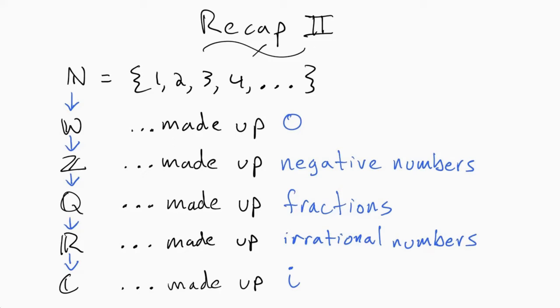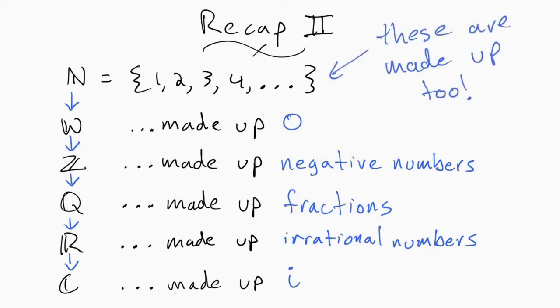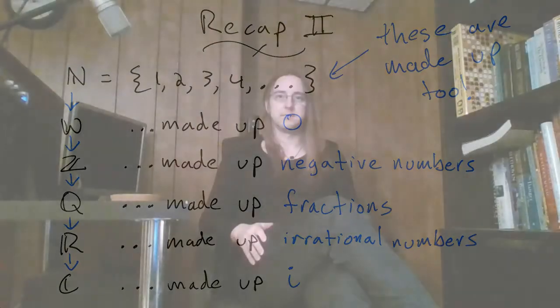And lest we forget that this entire structure we've been building is actually just a castle in the sky, I would remind you that we made up these numbers too. It's not like we got the natural numbers on stone tablets from the math god or something. At least, I'm almost positive that didn't happen. From my perspective, all numbers are imaginary. Right? Numbers are an abstraction that we came up with because they're useful.